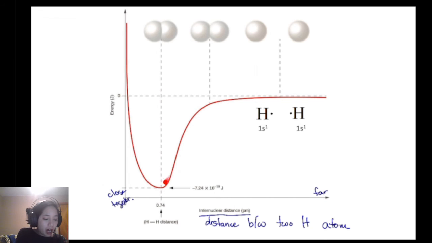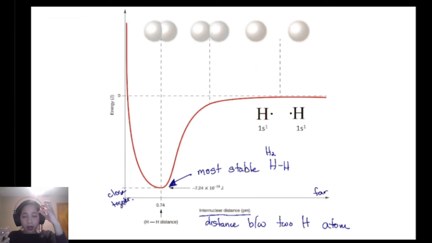And then we bottom out at the bottom of the well of this graph, which is the most stable hydrogen-hydrogen distance. So this is the H2 that we typically think about.